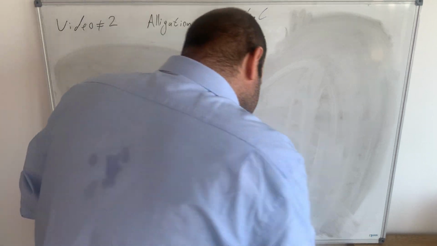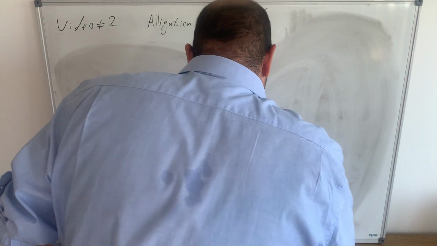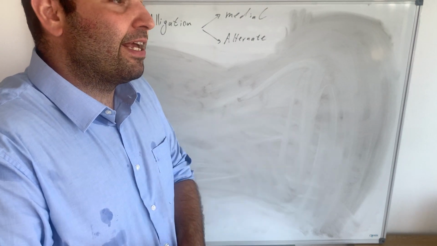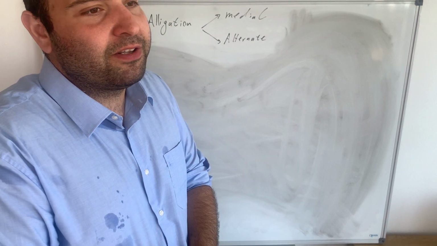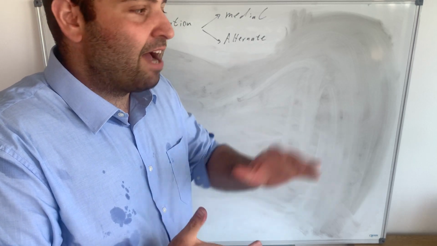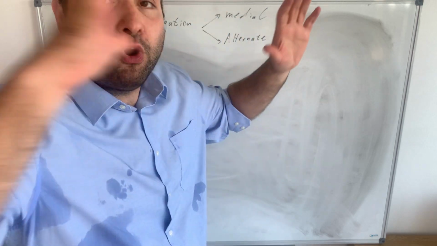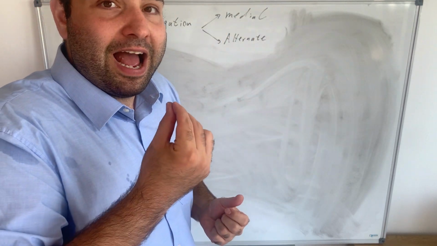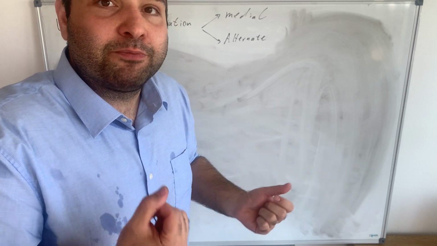We do now alligation alternate. As I said, it's a very important subject. Alligation alternate is a method that we use when we have 2 to 3 or more mixtures. We mix them together and we want to get our desired percentage.